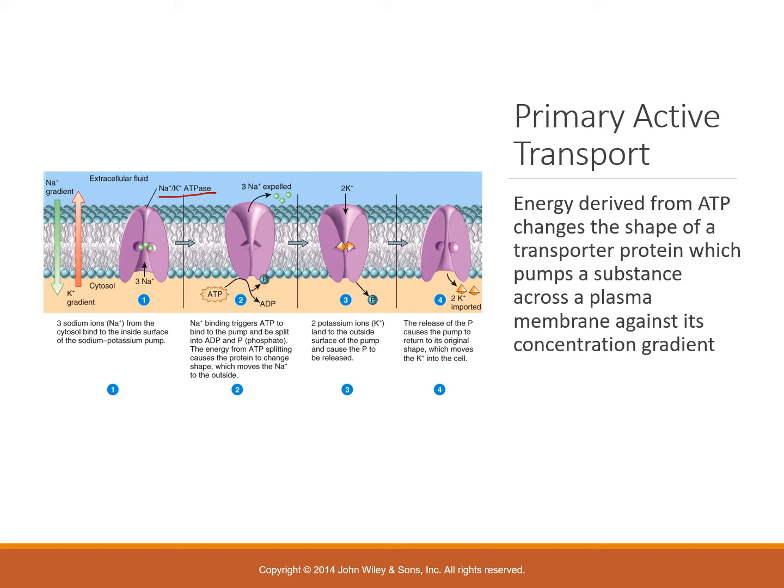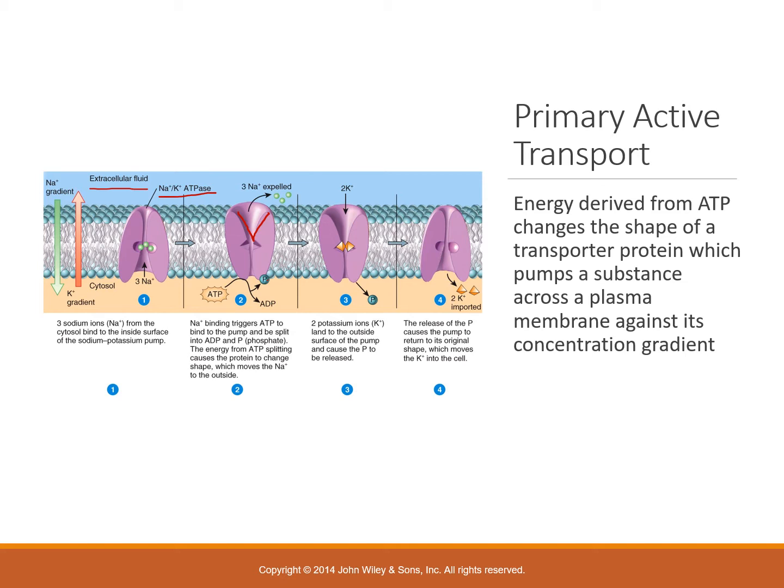And that changes the shape in a manner that pumps the solute across the membrane. The binding of ATP causes it to go into this V shape, open to the extracellular fluid.